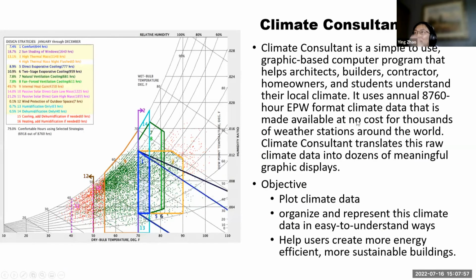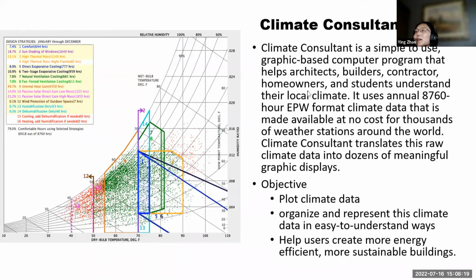So we go to the Climate Consultant tool. That's for climate analysis that typically can be used at the beginning of the schematic design by architects. It's a simple tool to use when you have the climate data.